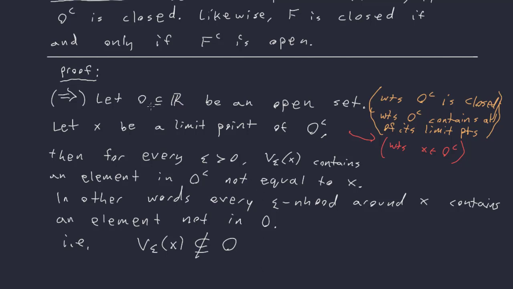But O is open. So that means every element in O must have an epsilon neighborhood around it that's contained completely in it.